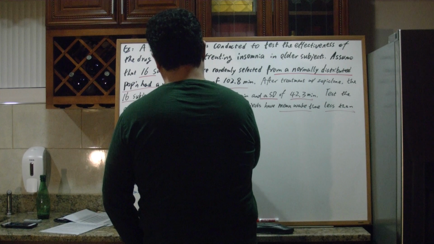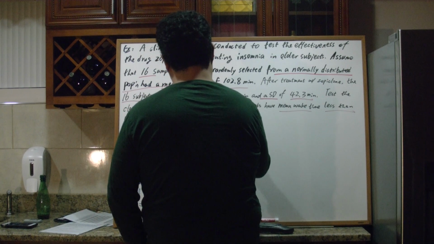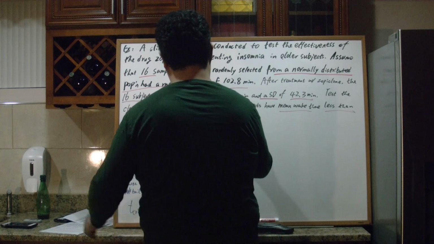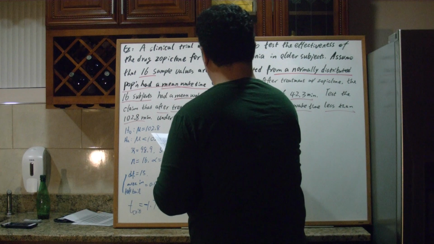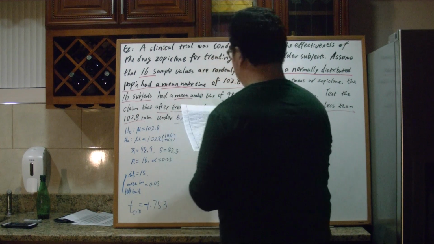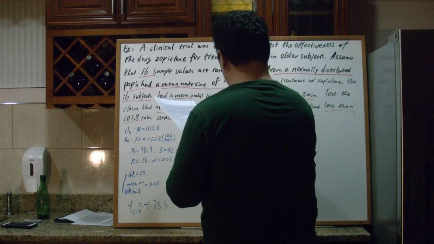Then the standard deviation over radical n, that is 42.3 divided by the square root of 16, is about 10.575.